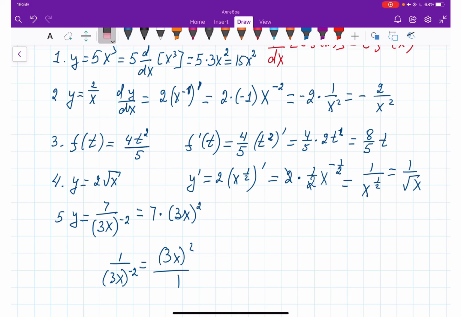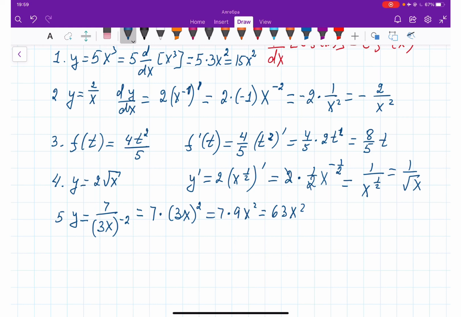So 7 times 3x to the power 2, which is 7 times 3 squared, which is 9, x squared. So it's going to be 63x squared.